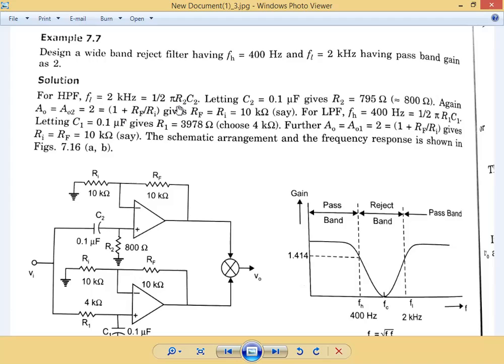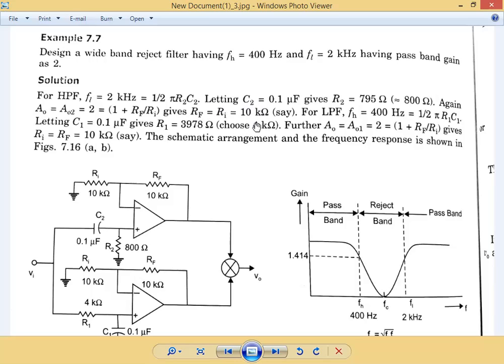If we see this equation, we have to note that RF must be equal to R1, because when RF is equal to R1, the ratio is 1, and 1 plus 1 is equal to 2. So let us consider the RF and R1 values as 10 kilo ohms.